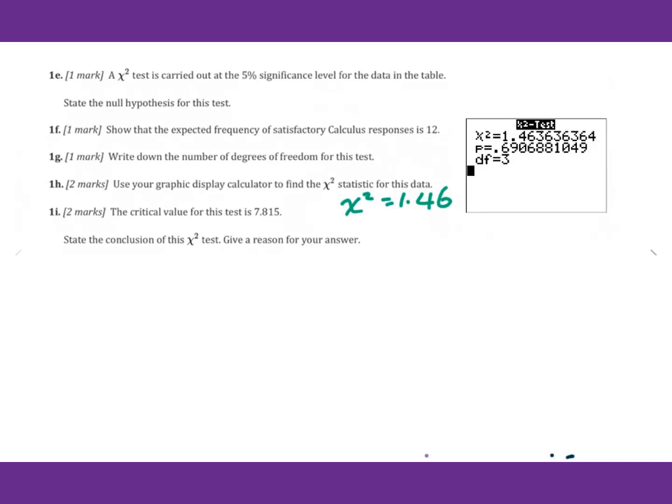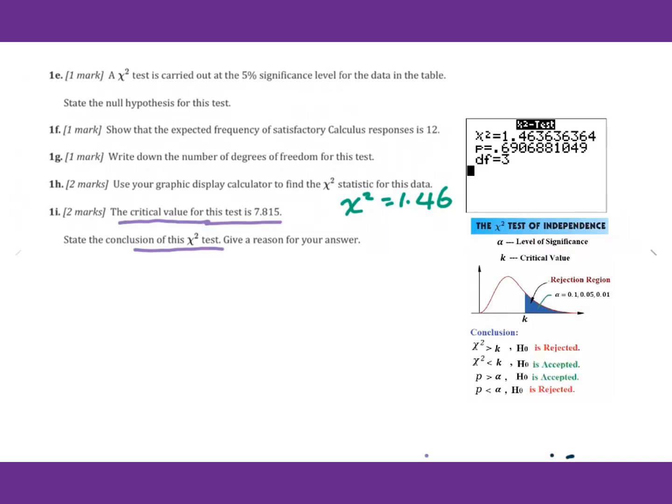For 1I, the critical value for this test is 7.815. State the conclusion of the chi-square test. Try to remember this diagram. We have a rejection region. Reject the null statement means reject H0. Check whether your value falls in this rejection region.